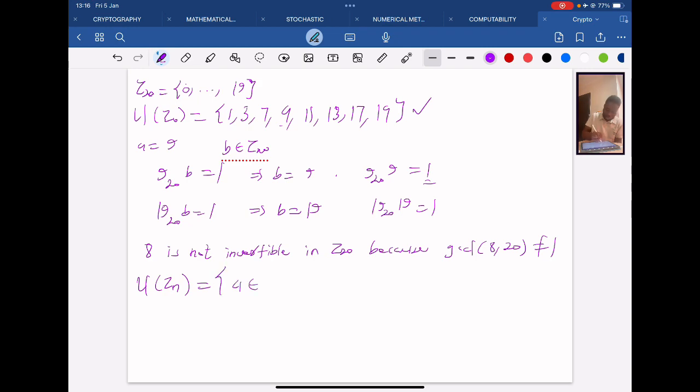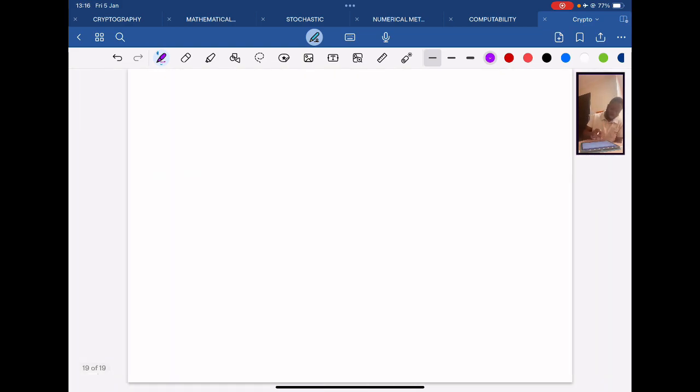For any A in Zn, the GCD of A and N should be equal to 1. So this is how to find the set of invertible elements of any modulo given. Understood? Okay. Now let's move on to the next part. We have a theorem.